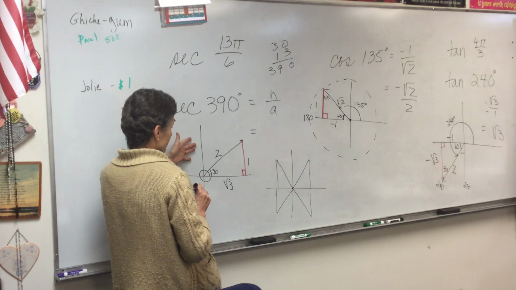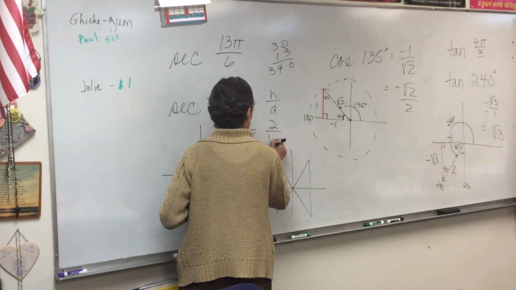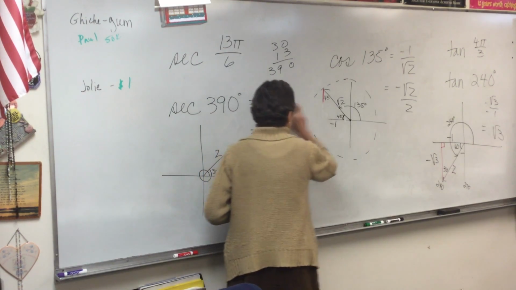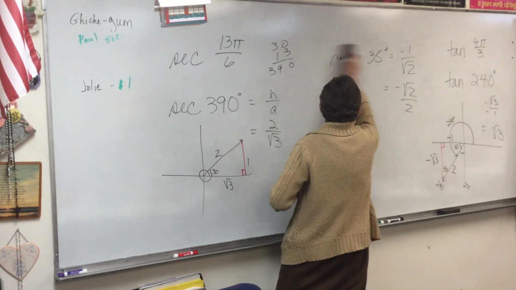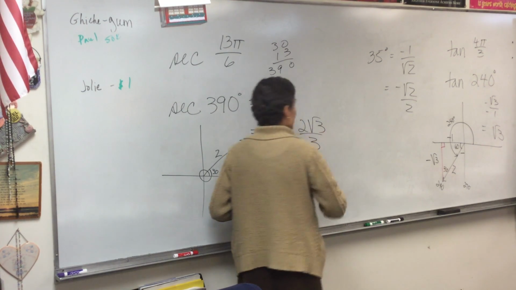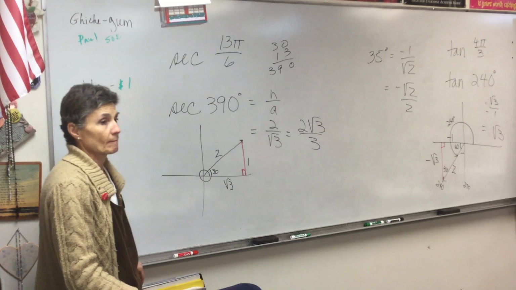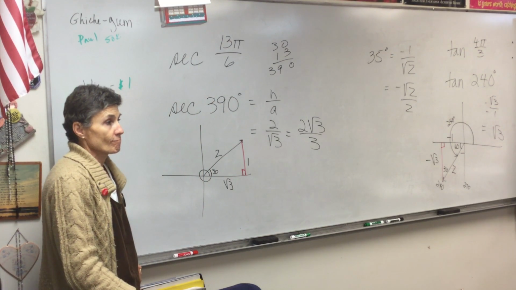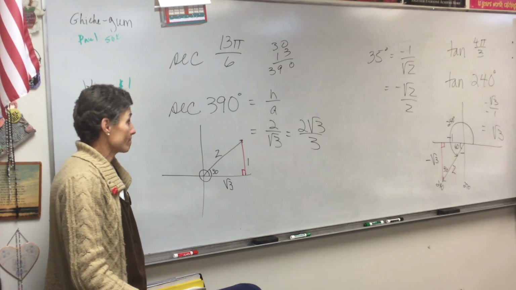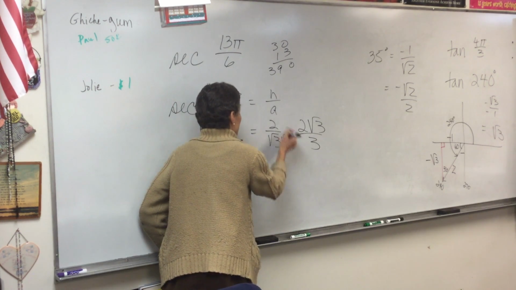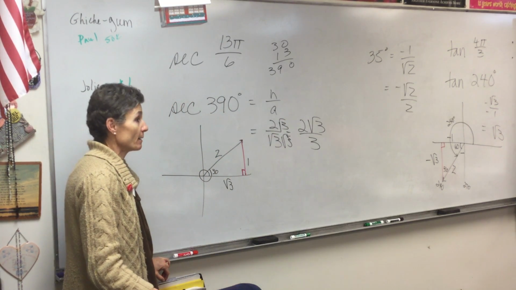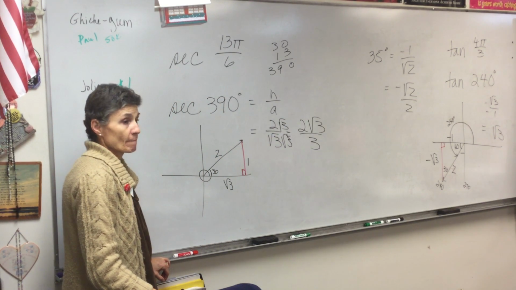Hypotenuse over adjacent. 2 over root 3, which we don't like. Multiply top and bottom by root 3. Can't have a radical on the bottom. So it'd be 2 root 3 over 3.